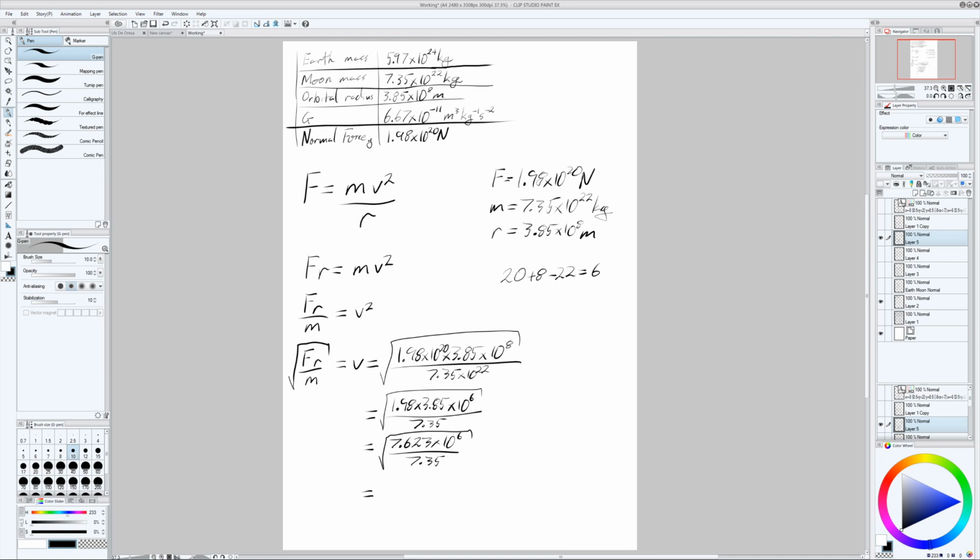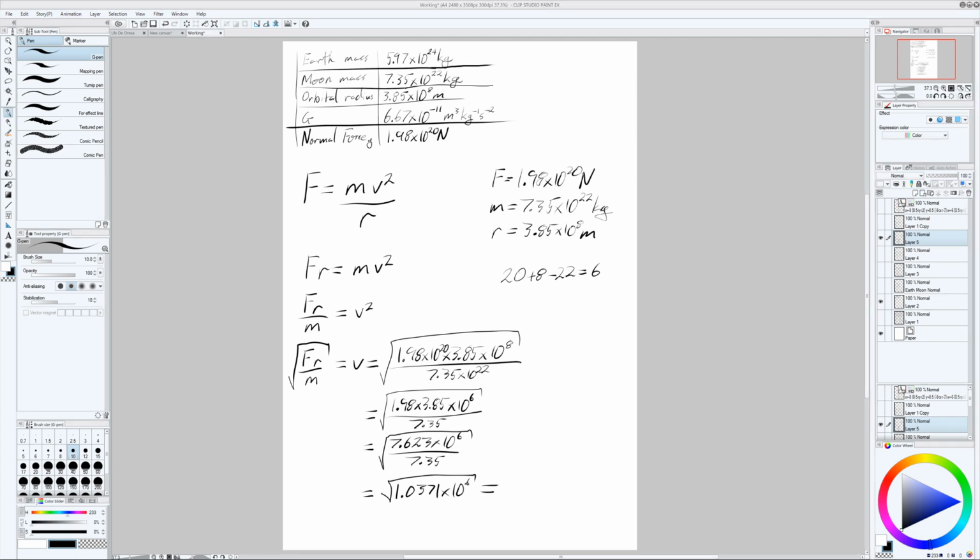7.623 divided by 7.35 is equal to 1.0371 times 10 to the 6, all square rooted.